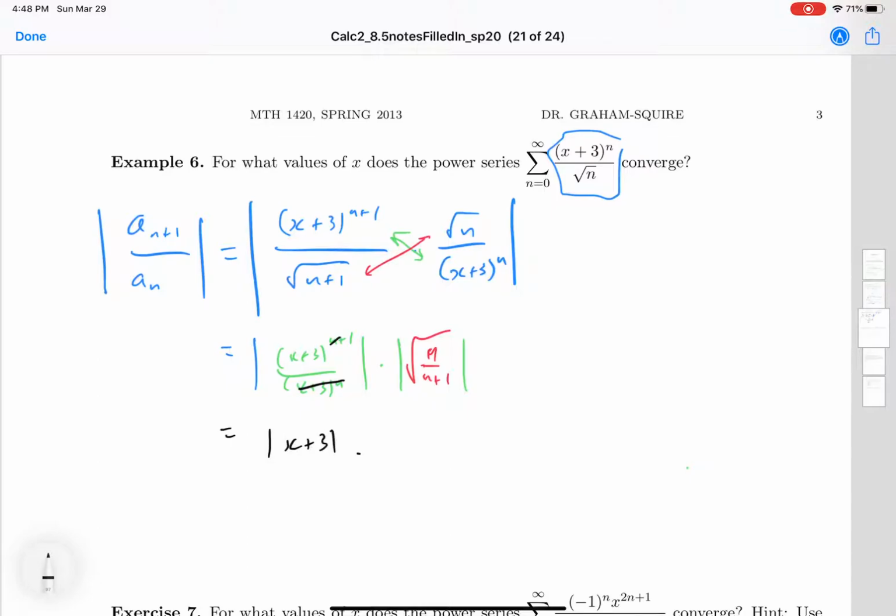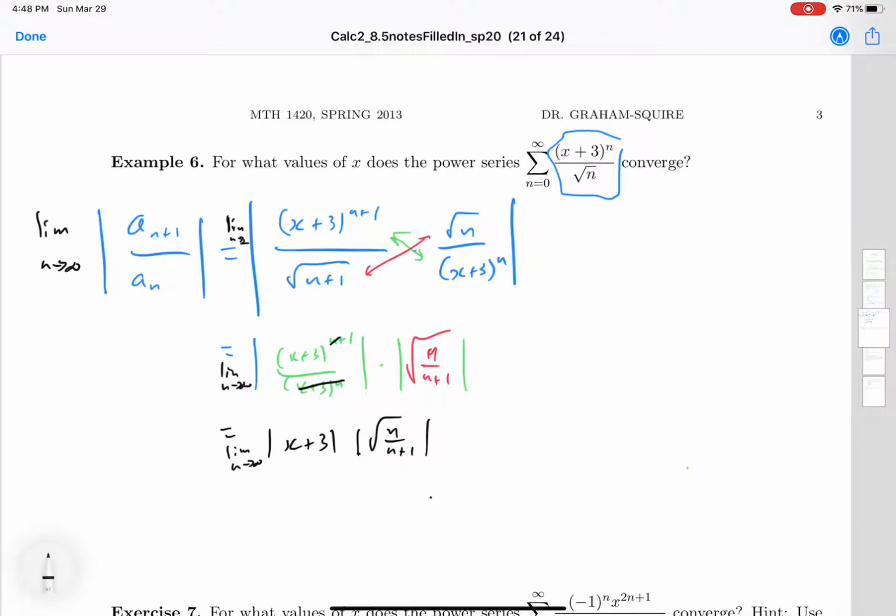And I really want to look at, if you remember, the limit as n goes to infinity of this thing. So I forgot to put that in here, but I'll put it in now. The limit as n goes to infinity. And the limit as n goes to infinity of the square root of n over n plus 1: the n and the n plus 1 are just going to get closer and closer together.